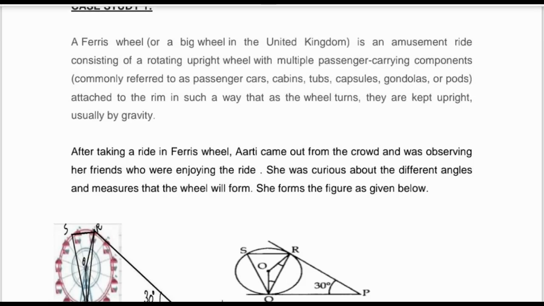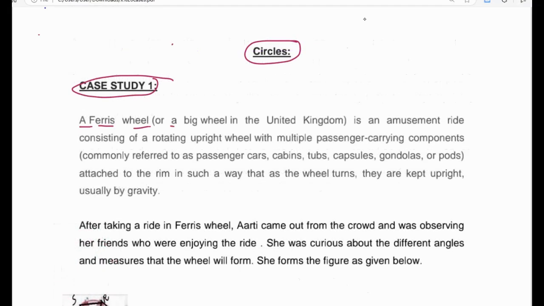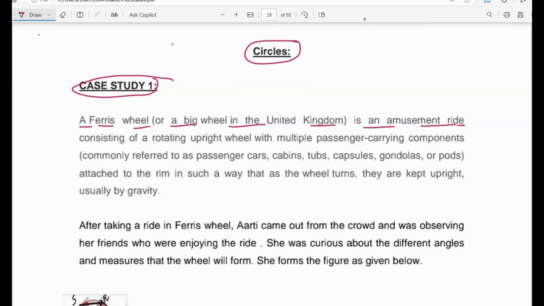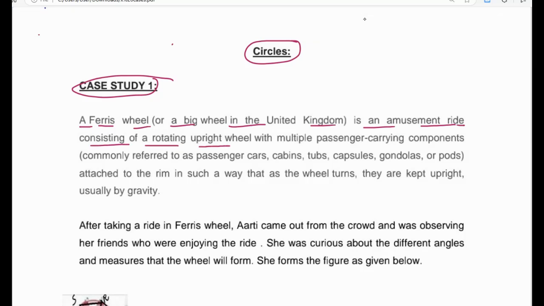The question is: a Ferris wheel, a big wheel in the United Kingdom, is an amusement ride consisting of a rotating upright wheel with multiple passenger carrying components, commonly referred to as passenger cars, cabins, tubs, capsules, pods, etc., attached to the rim in such a way that as the wheel turns, they are kept upright, usually by gravity.